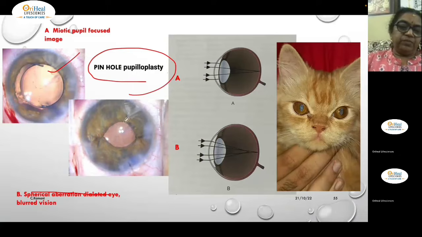So when you make a myotic pupil, when you reduce the size of the pupil, the spherical aberration can be avoided, and the blurred vision also can be reduced. So you will get good clarity. That is why, after dilatation of the eye, what happens when you go to an ophthalmologist?